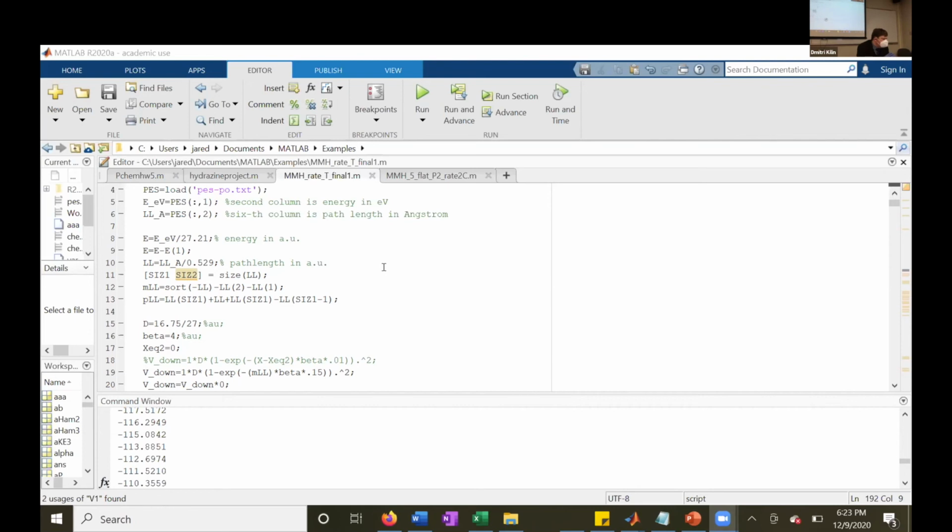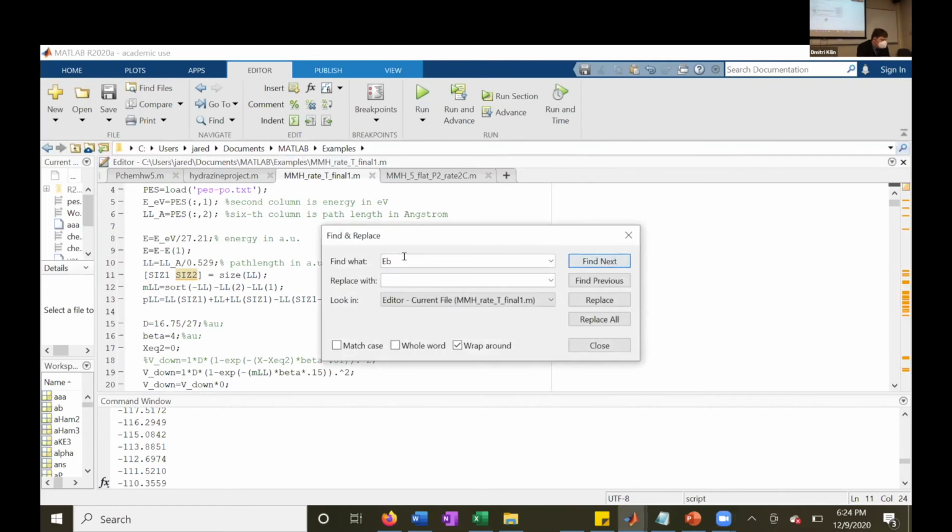Now we should look together for this variable being used next. You can either scroll or just find. Yes, use find, E_eV. Okay, E capital. Yes, it was very quick.